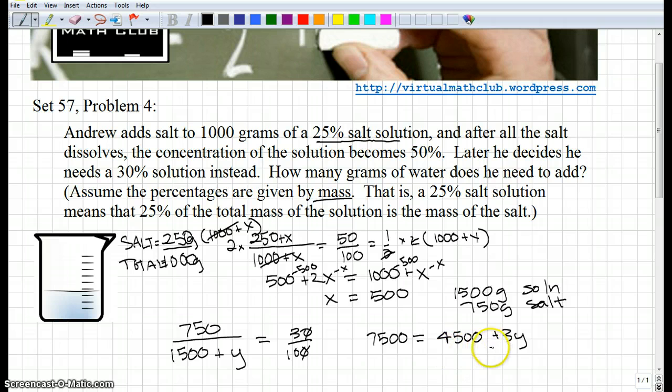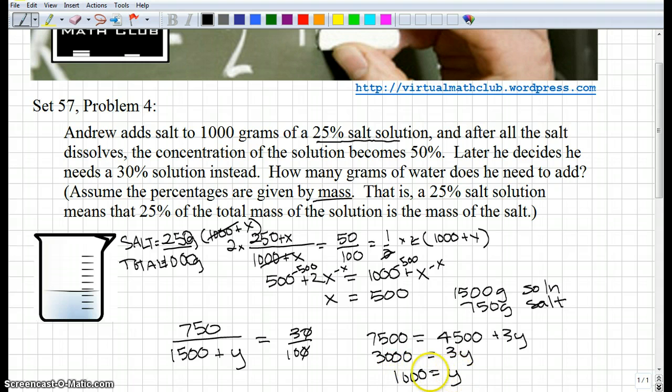So that's not too hard to solve. We can subtract 4,500 from both sides. We end up with 3,000 equal to 3y. So y has to be 1,000 grams.